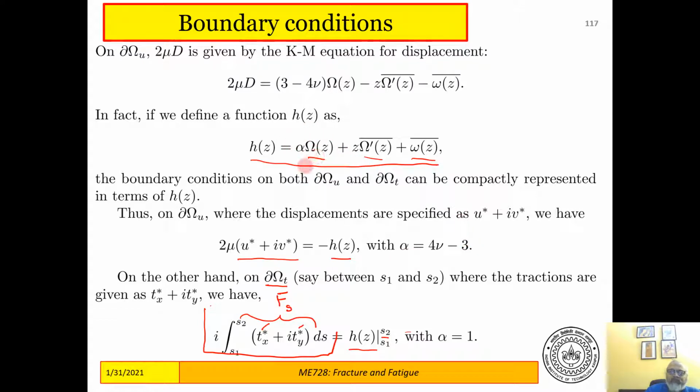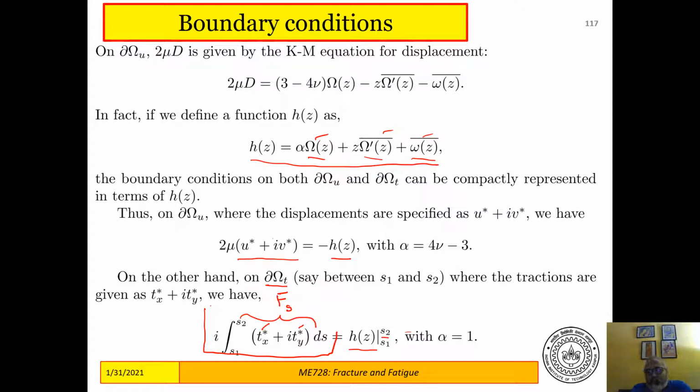Alpha is 4 nu minus 3 in the case of displacement boundary conditions, and equal to 1 in the case of traction boundary conditions. Again, if these are known displacements, then from the connection between these displacements and these functions, you get a clue about what these functions are like. Once you have got that, you put them back into the KM equations and see whether the KM equations make sense. And if they do, then you have found the solution.